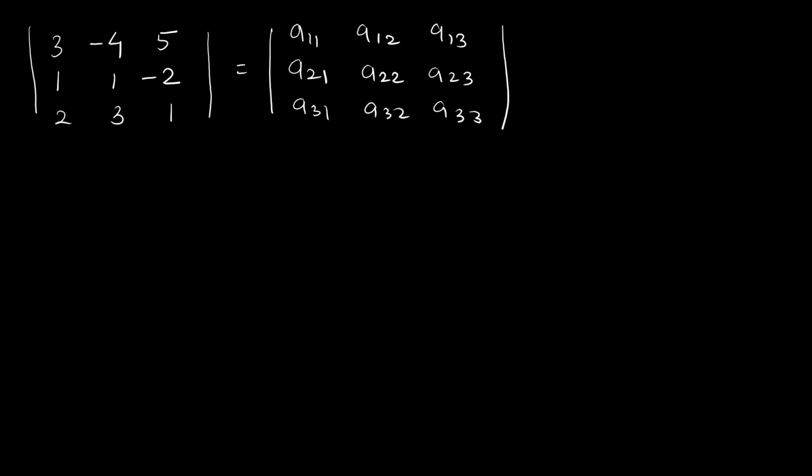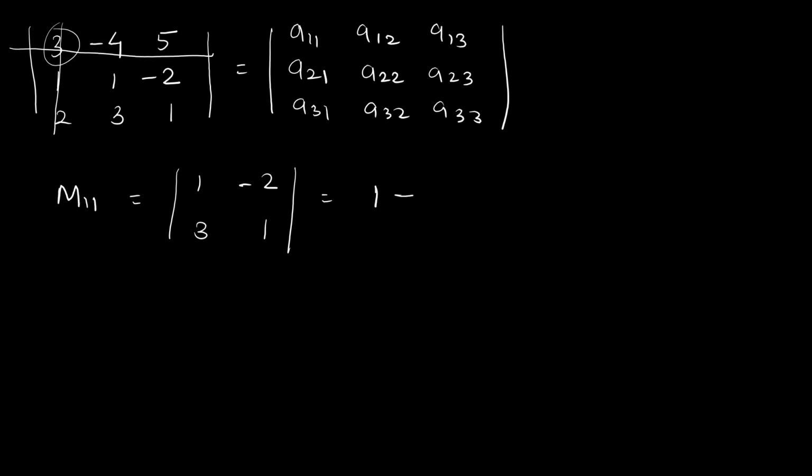If I want to find M11, I will look at the first element and delete the corresponding row and column. You are left with 1, minus 2, 3, 1. Now find the value: 1 into 1 is 1, minus, and the element's minus, so minus 2 into 3 is minus 6. You will get 1 plus 6, answer 7.